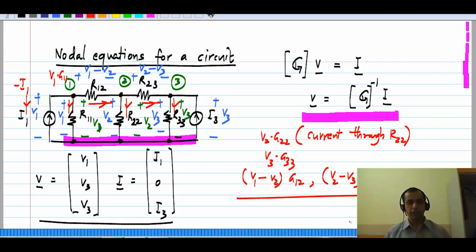Okay, so this is how we can get a complete solution to the circuit.